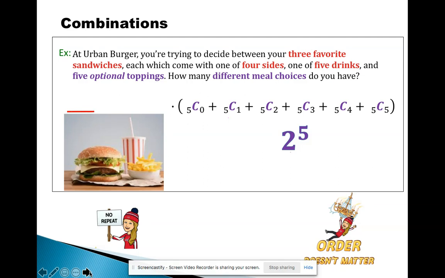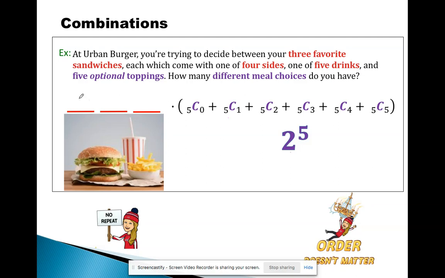I can have my favorite sandwich, which is, I don't know, a Big Mac, or my other favorite sandwich, which is a Quarter Pounder, or my other favorite sandwich, which is a Quarter Pounder with cheese. I don't know. I don't eat at McDonald's very often, so I don't know exactly. But if I choose a Big Mac here, order matters, right?